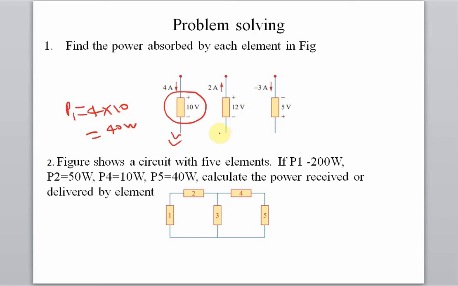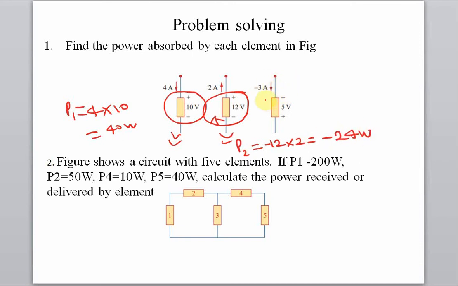Okay, from this one we can say that this is delivering power. So we have P2 equals minus 12 into 2, which equals minus 24 watt.